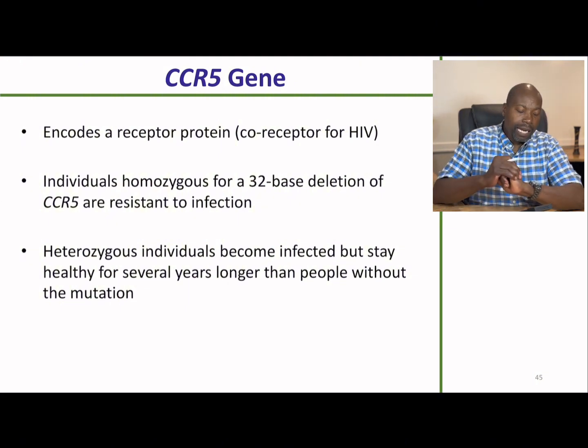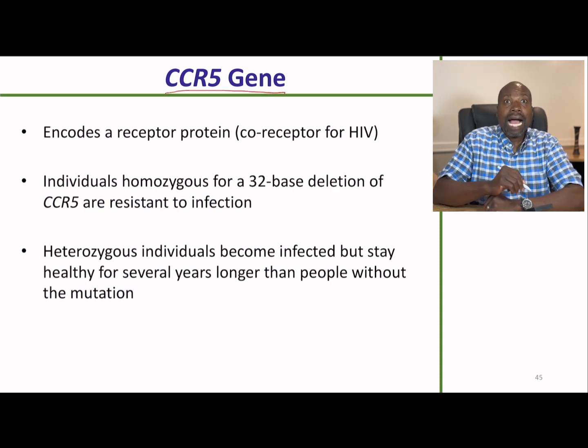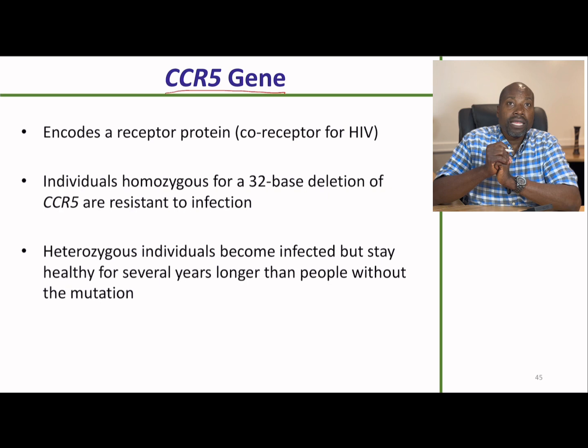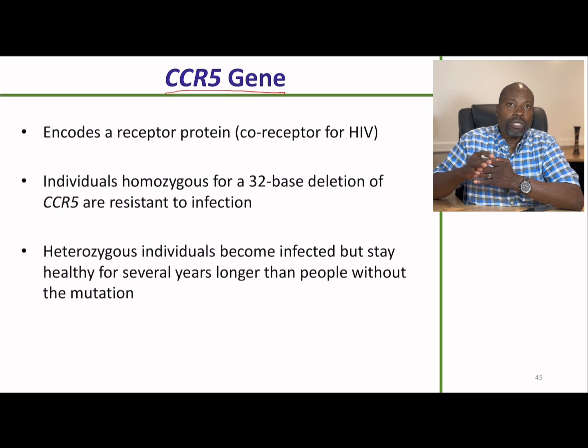Now, let me tell you a little bit about the CCR5 gene. It has been shown that some individuals in humans have a CCR5 gene that is different from other individuals. As a consequence of that, we see that some people can actually be protected from ever developing HIV infection.